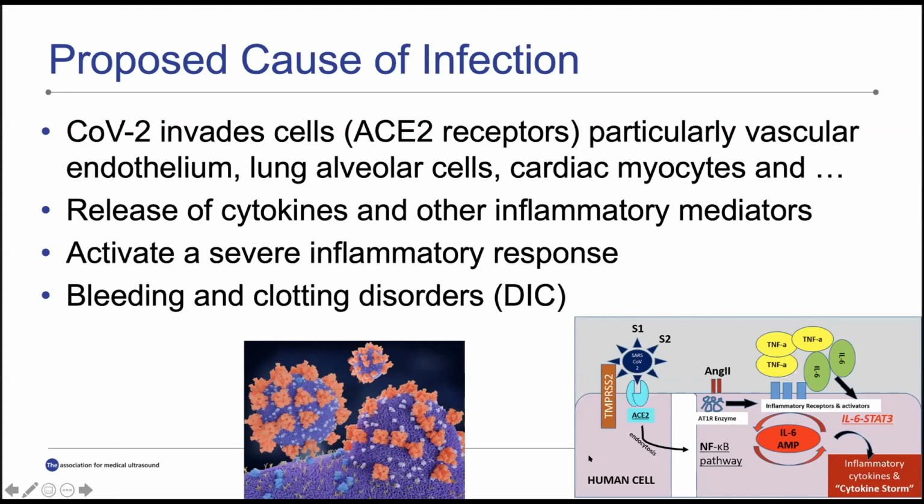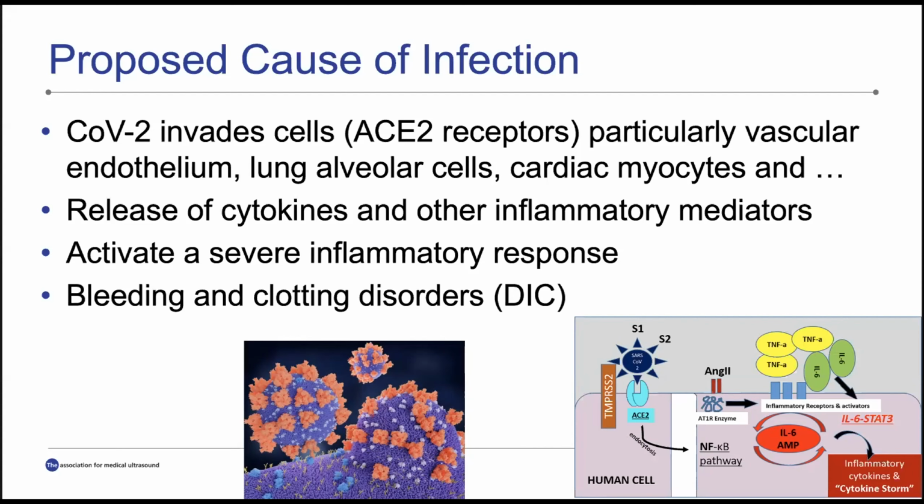You can see here from the diagram that as the virus invades the cell, not only does it cause damage to the cell, but it releases cytokines and other inflammatory factors or mediators, which can elicit a severe inflammatory response, the so-called cytokine storm.